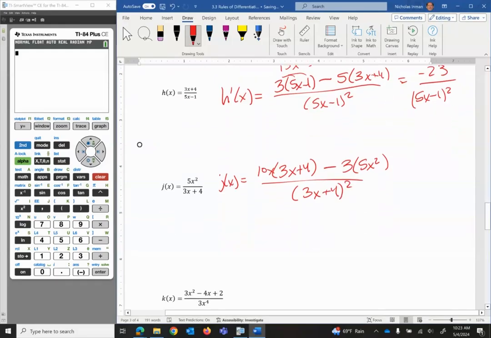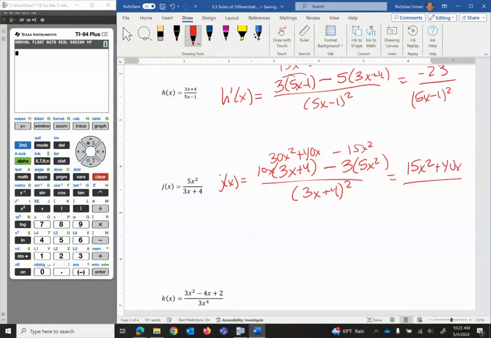Simplify if you can. 10x times 3x, 30x squared, 10x times 4, 40x, minus 15x squared: 30x squared minus 15x squared is 15x squared, plus 40x. All right, and we are here.